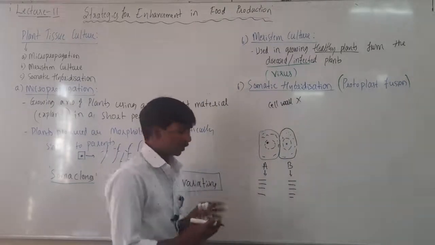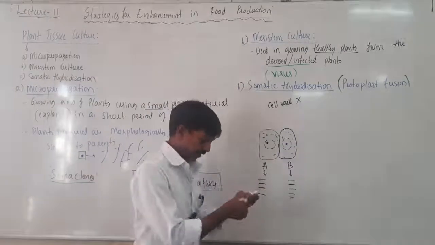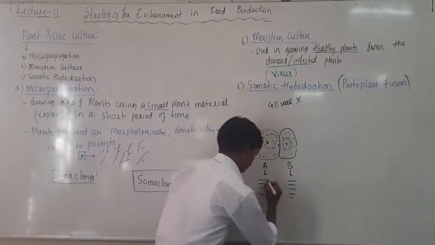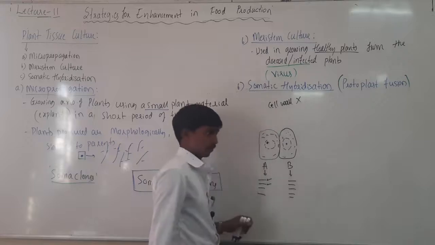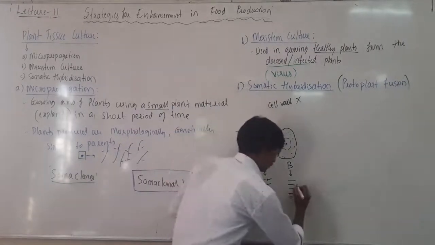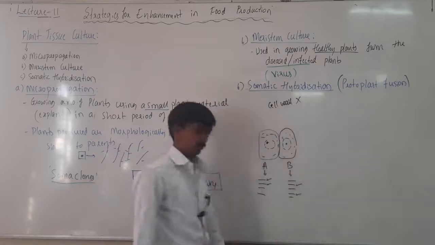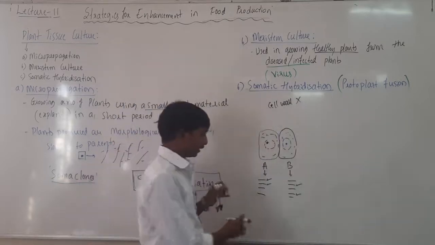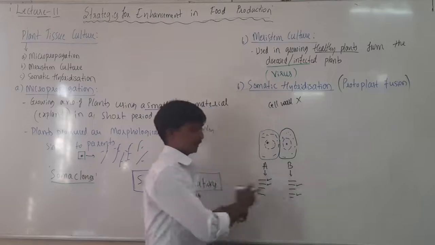The aim is to combine the better characteristics of these plants, like height, seed color, fruit color. The aim was to combine the desirable characters from both the plants.